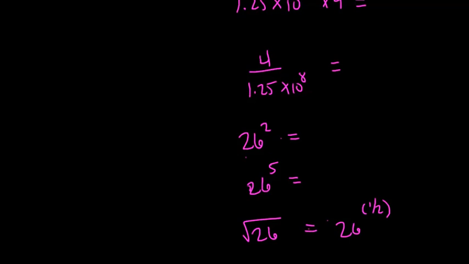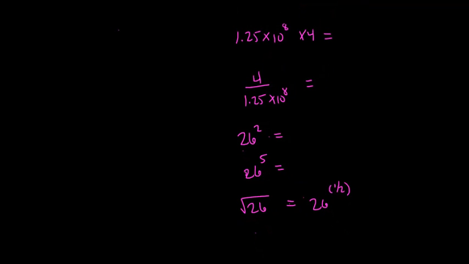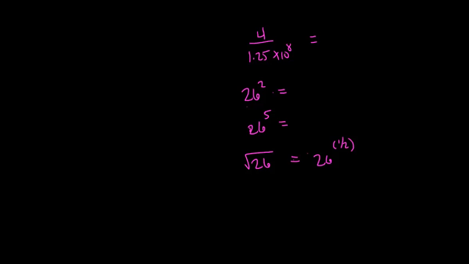Okay, let's see another example, but this time it'll be the fifth root. If we want to figure out the fifth root of 26, there's very, very few calculators that will have a button that looks like the fifth root of x.